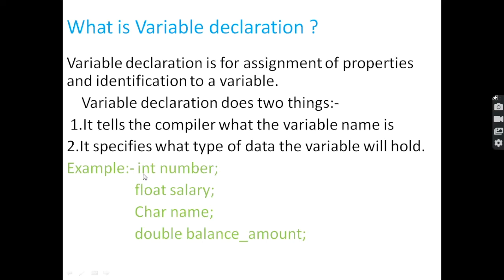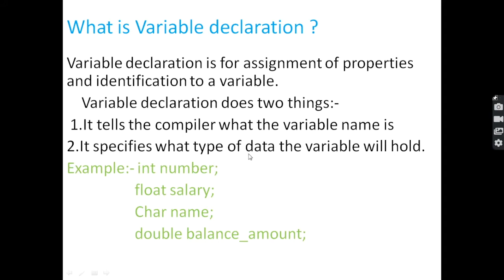As an example: int number, float salary, char name, double balance amount. Here number, salary, name, balance amount are variable names. So variable declaration tells the compiler the variable name.